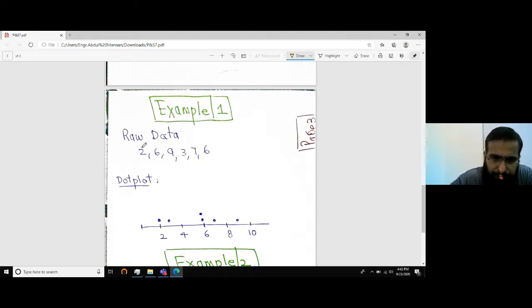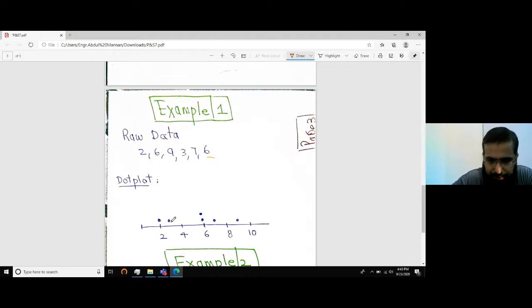We'll come across the first data point 2 and we'll put a dot here, and the next data point is 6, we'll put a dot here. The next data point is 9, we'll put a dot here. The next is 3, we'll put a dot here between 2 and 4. The next is 7, we'll put a dot here, and then we again come across a 6. This means we have two 6s, so we'll put another dot on top of the dot we have already plotted. So this is how we plot it.